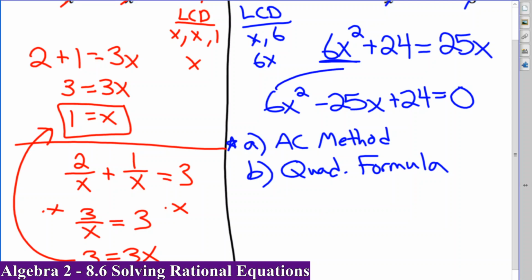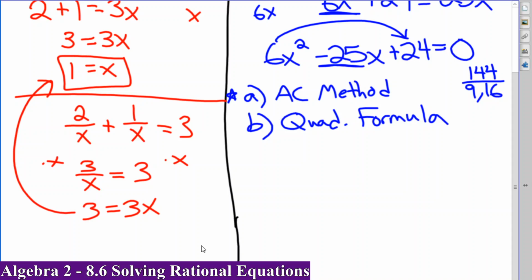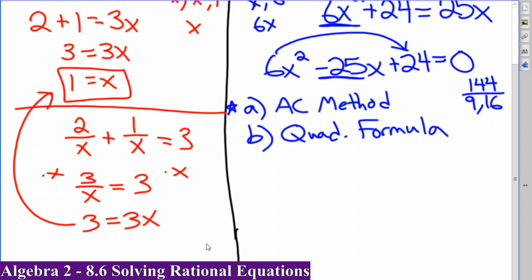So I take A times C, 6 times 24, which is 144, and the factors of 144 that add up to 25 are 9 and 16. So if I use the AC method, we can factor by grouping.